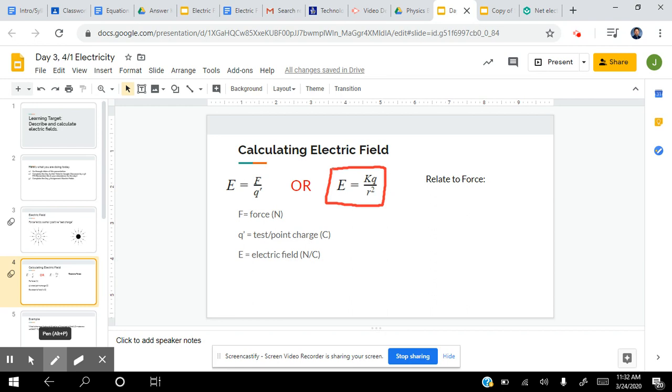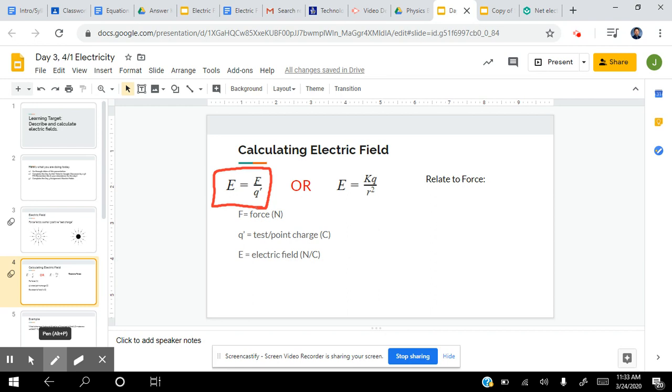Okay, I just want to kind of relate this a little bit to force and see how this would relate to force. If you think of this equation over here, and if we think about that in terms of our force relating to acceleration, right?